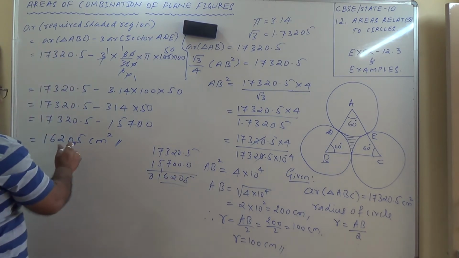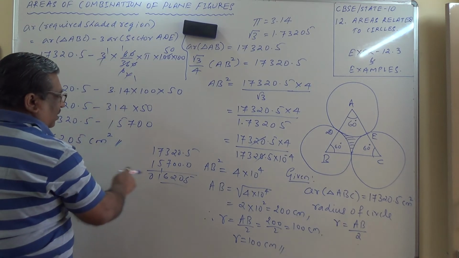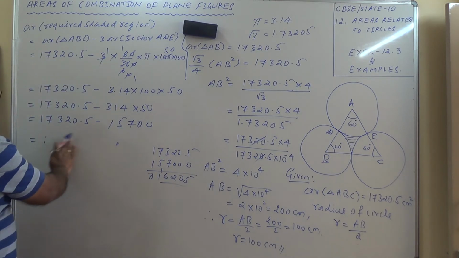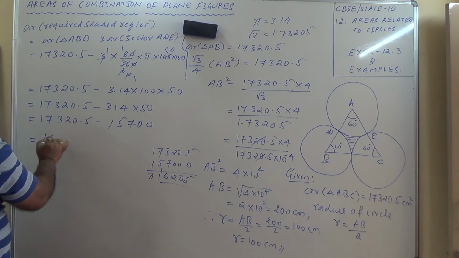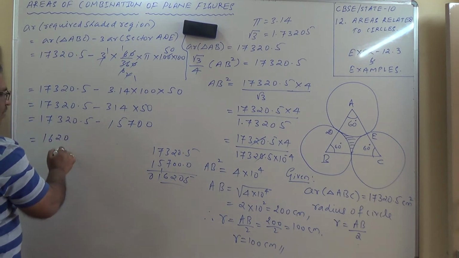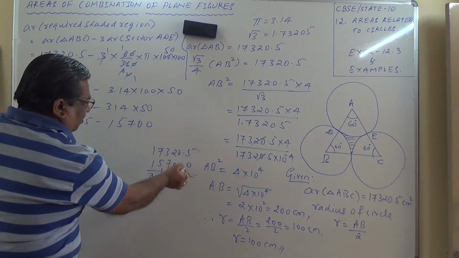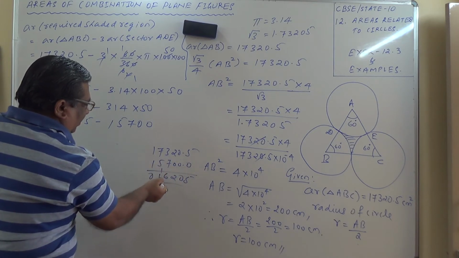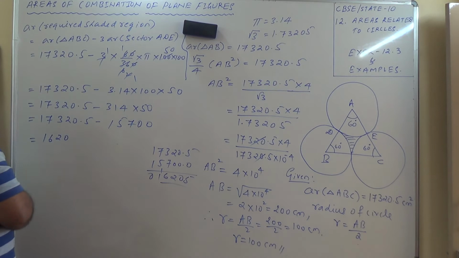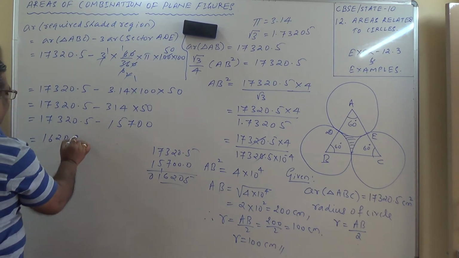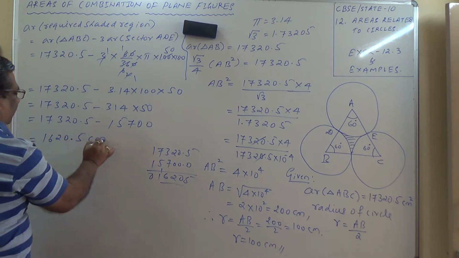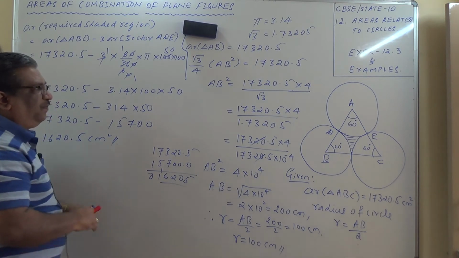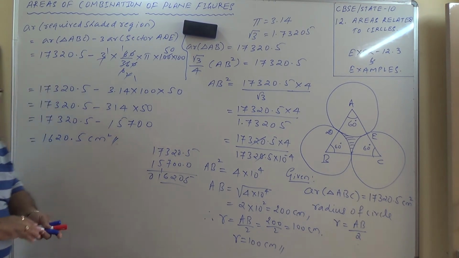Okay, 1620.5, just a moment. It is 1620.5, correct. 1620.5 square centimeter. So make a note of this.